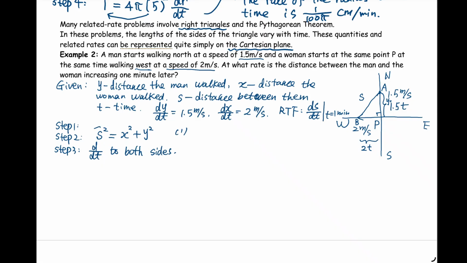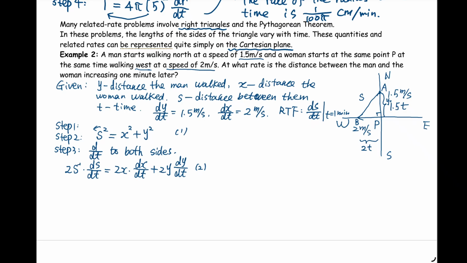So the derivative of s squared is 2s to the exponent 1, then remember s is a function of t, so chain rule. Then do the same thing to x squared, so d of x squared over dt gives you 2x, then remember x is a function of t. And do the same to y squared, which is 2y, then y is a function of t. So this is our second equation.